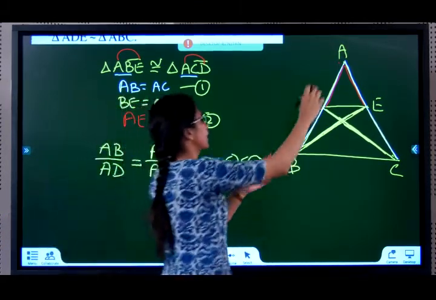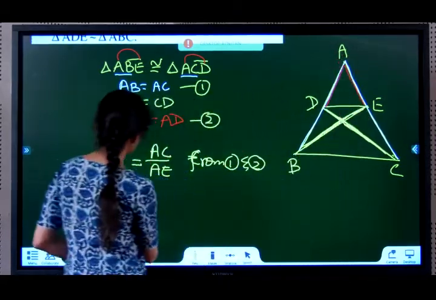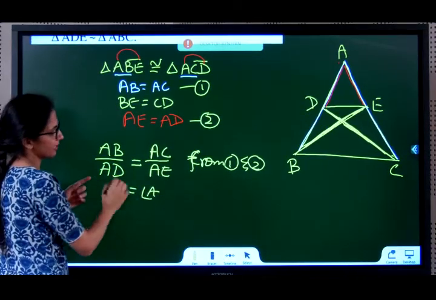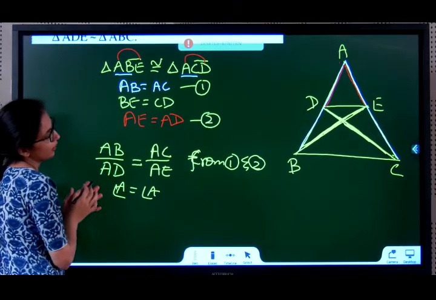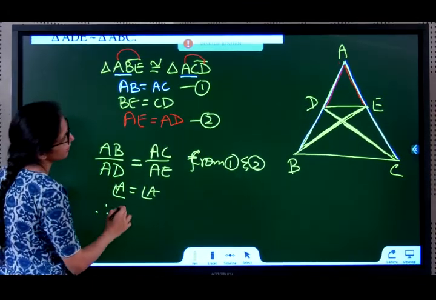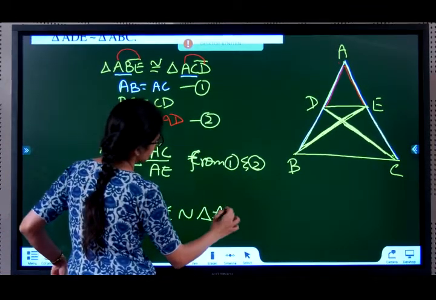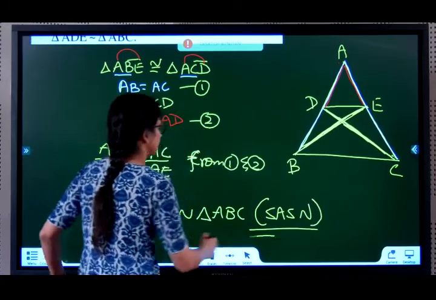So we got AB by AD is equal to AC by AE, and angle A equals angle A. SAS, two sides are proportional and the inclusive angle is equal. So therefore, we can say triangle ADE is similar to triangle ABC, criteria being SAS similarity criteria.